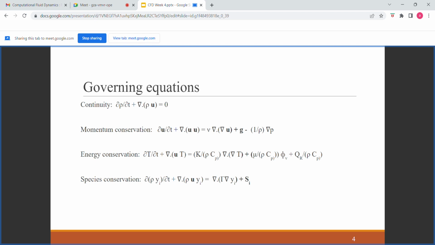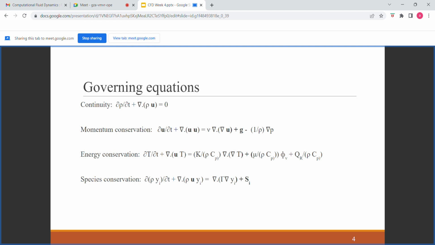Since this problem also requires heat transfer, the energy conservation equation is also included. Along with that, the chemical reaction is producing some species, or some species is getting converted to products, so we need to include the species conservation equation also. All these are based on mixture theory, so we are using mixture continuity, mixture momentum conservation, and mixture energy conservation equations.